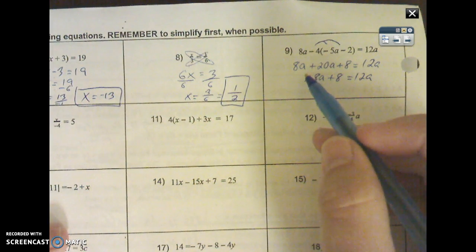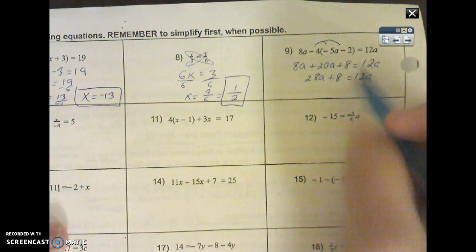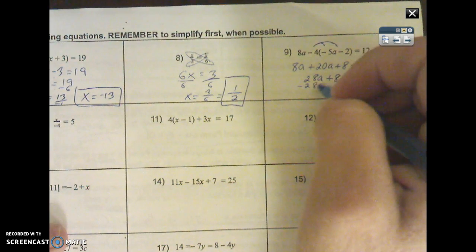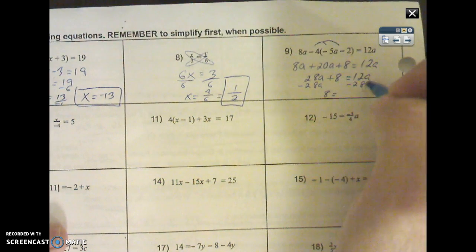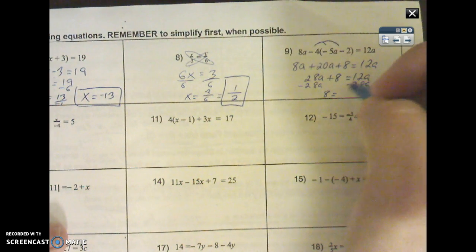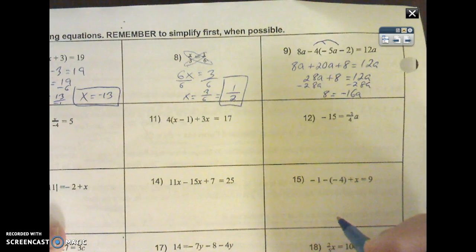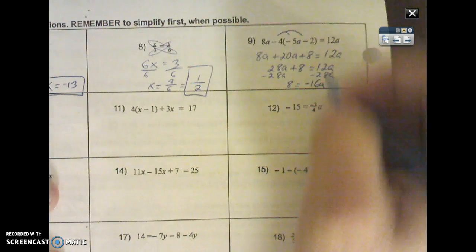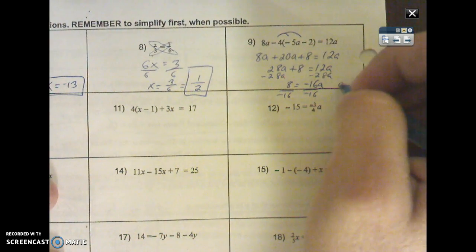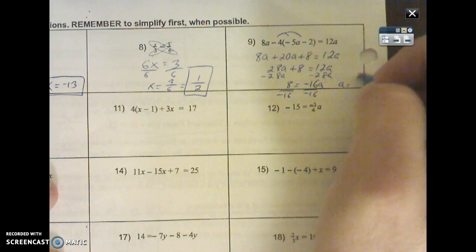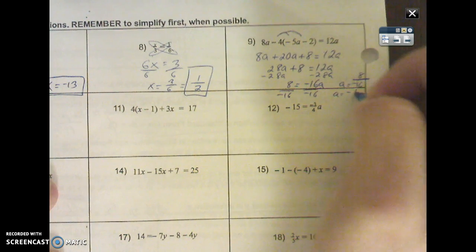Alright, you have two options here. Probably the easier option is to subtract 28a over. So I get 8 equals 12a minus 28a, which is negative 16a. Okay. And then I can divide both sides by negative 16. So I get 8 over negative 16, or a equals negative 1/2.